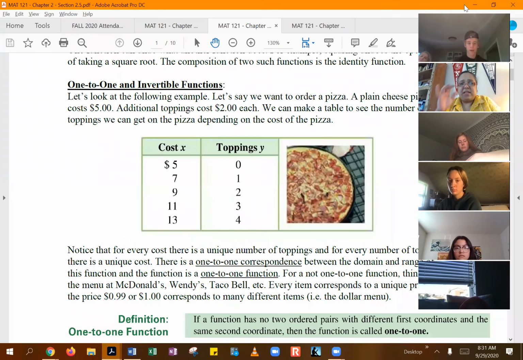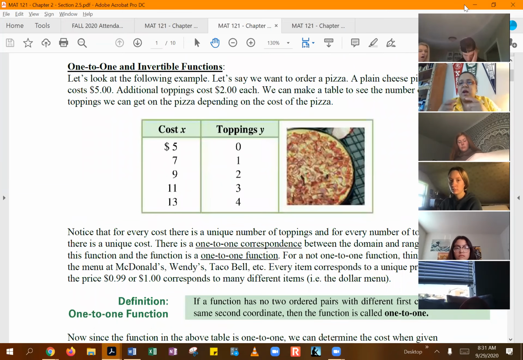So again, you should have seen the video lecture for this, but basically the idea is if we are ever going to find an inverse function, we have to make sure that function is one-to-one, which means the correspondence between our two variables, x and y, has to be a one-to-one correspondence.